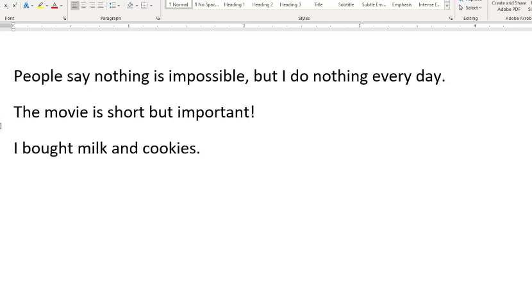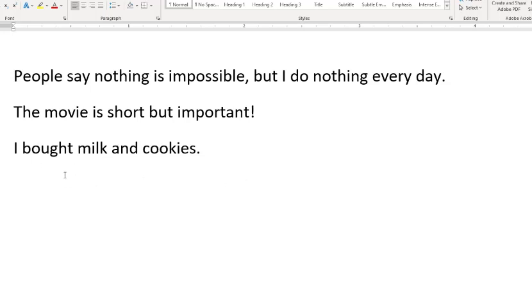If you look at these two sentences, "the movie is short but important," "I bought milk and cookies," you'll notice the words "but" and "and" here, but you don't see the comma before it. That's because it's functioning differently. This is showing contrast within one given sentence, as well as this. The "and" is used to join what we call the object or the noun phrases.